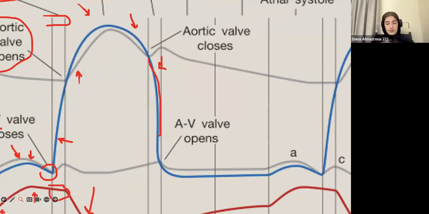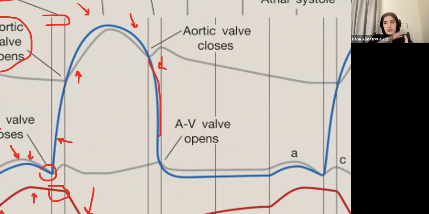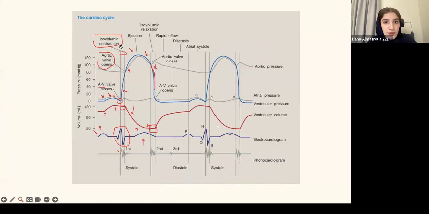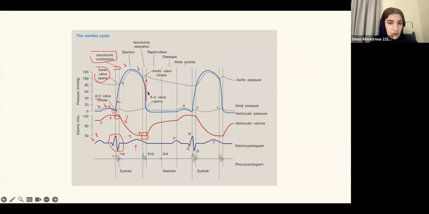And for this reason, the aortic valve would close at this point. And it's important for it to close because the aorta has received the blood, and there is no more blood in the ventricles, or there is still blood, but it's very minimal. So now the aortic pressure is higher, so the valve would close, and now we have both valves closed. So at this point, that's when we have the isovolumetric relaxation.